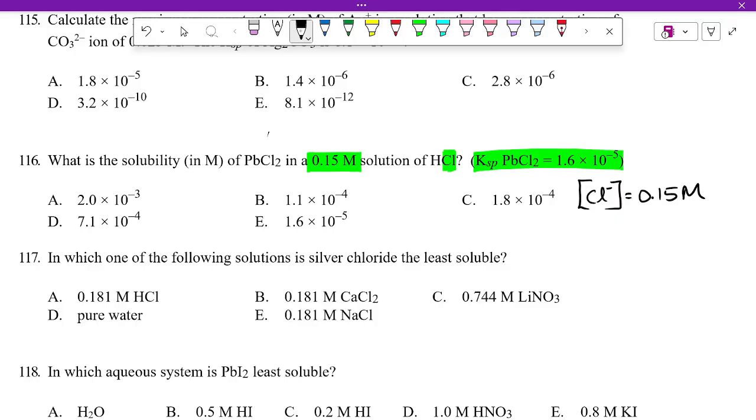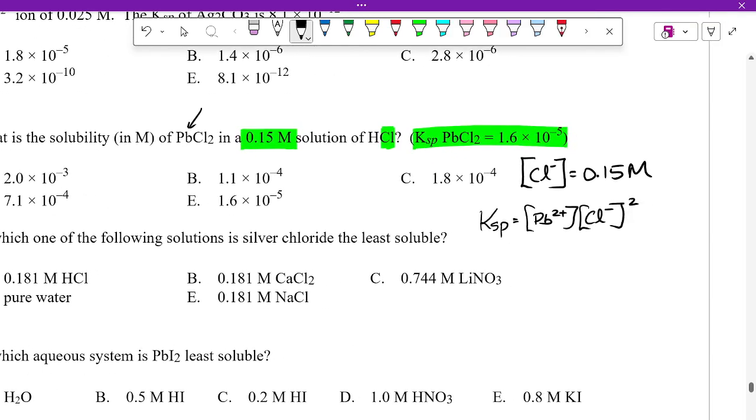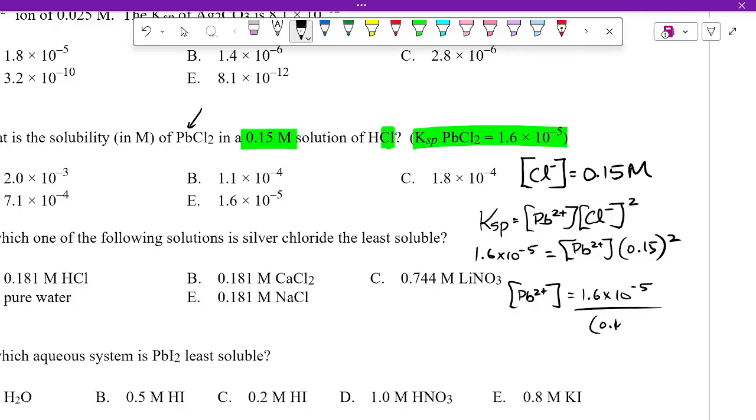And that means we can solve for the concentration of lead. So we have 1.6 times 10 to the minus 5 divided by 0.15 squared, which gives us 7.1 times 10 to the negative 4.